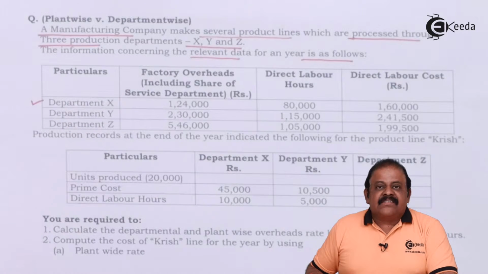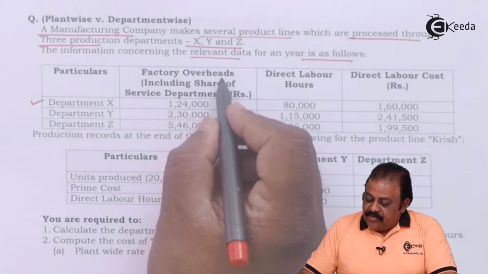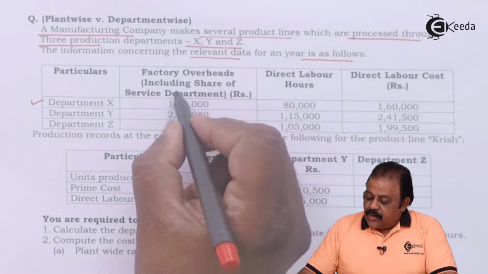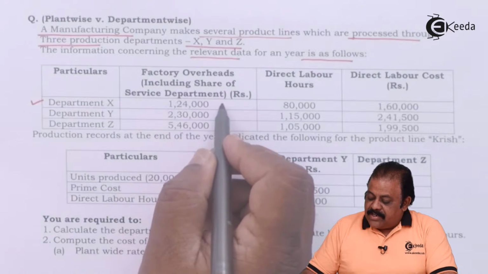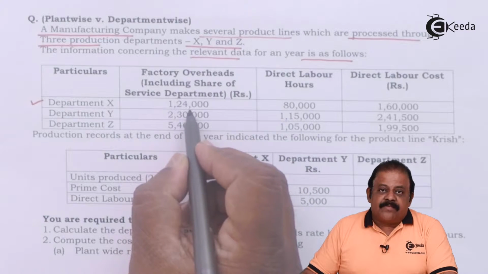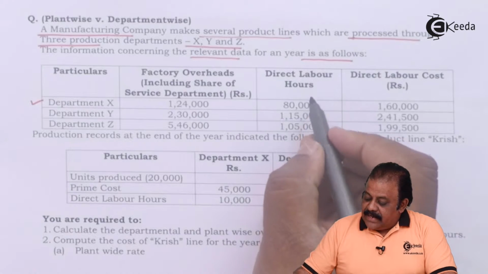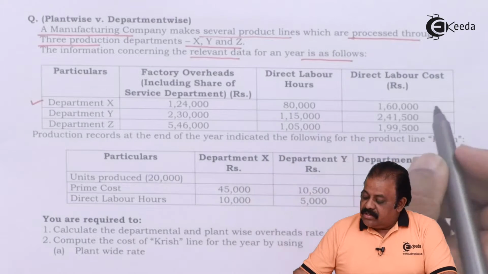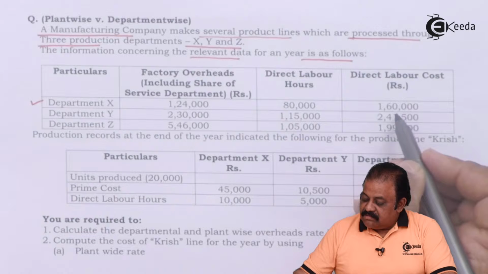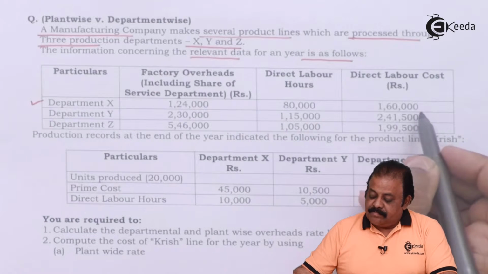Particulars: Department X, factory overheads, including share of service department, 1,24,000, direct labor hours 80,000, direct labor cost 1,60,000.